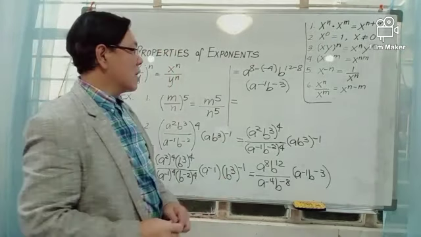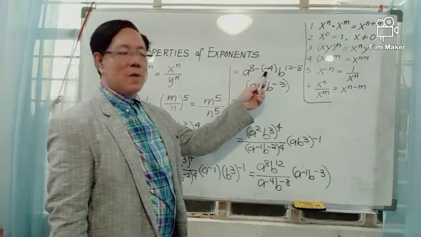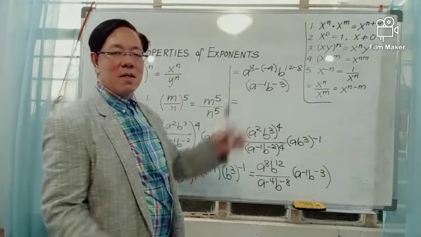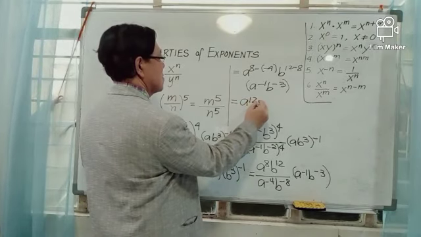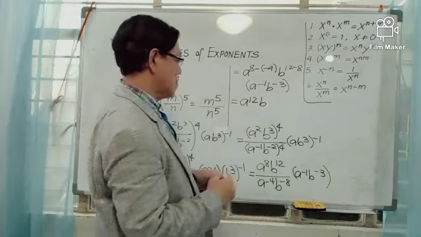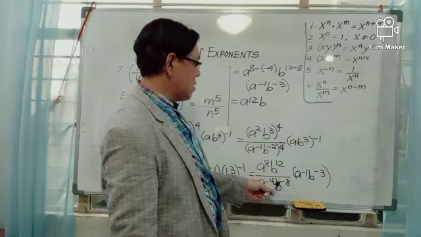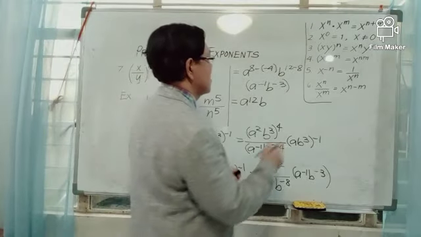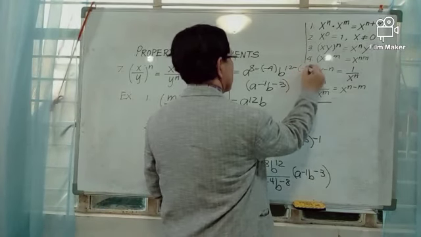We simplify. Negative and negative is positive, 4 plus 8 is 12: a raised to 12, multiplied by b.